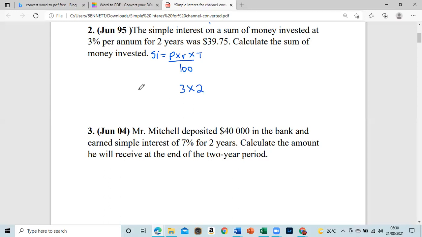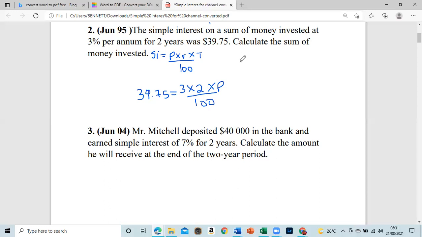And the simple interest was 39.75, and that is times the principal. We don't know the principal. I'll put that over 100. And we do the same thing, right? You know it's the principal.